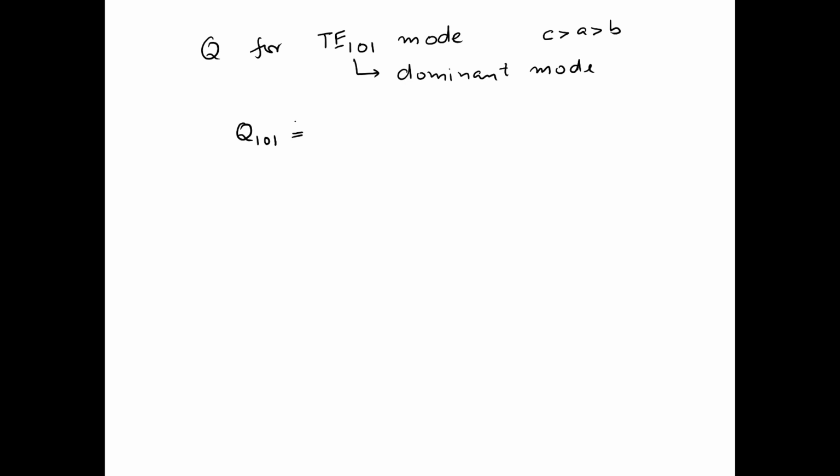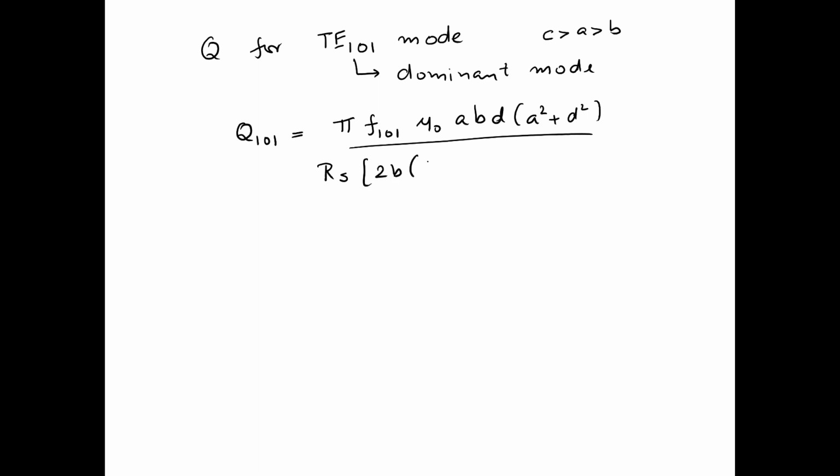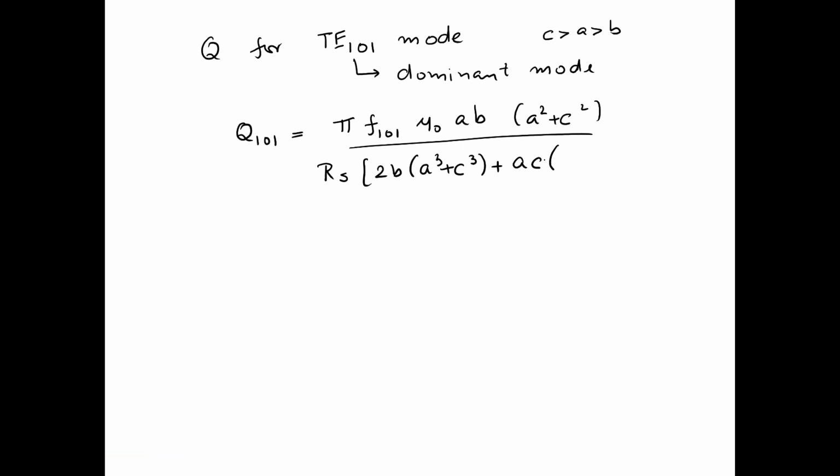This Q101 we had seen was given by gamma F101 mu naught ABD (A square plus D square) by RS times (A cube plus D cube) plus, actually we were using C dot D, so let me change that, C cube plus AC (A square plus C square).